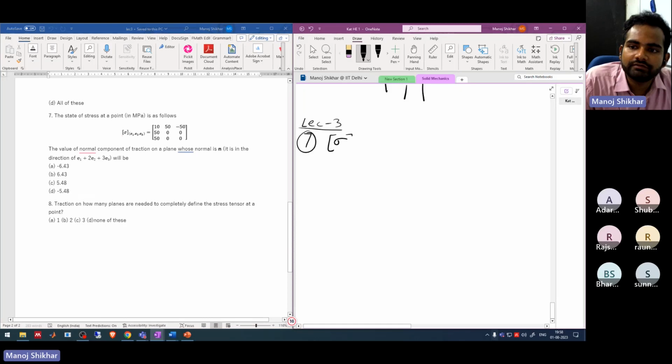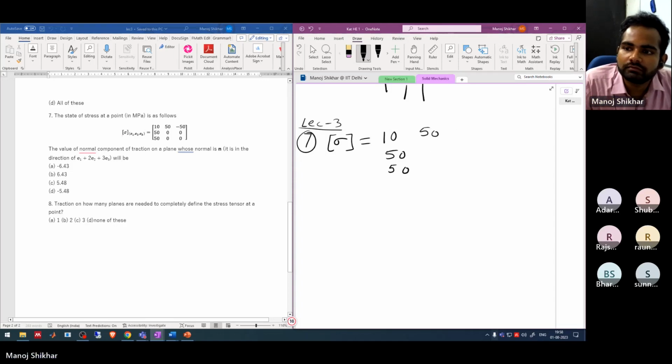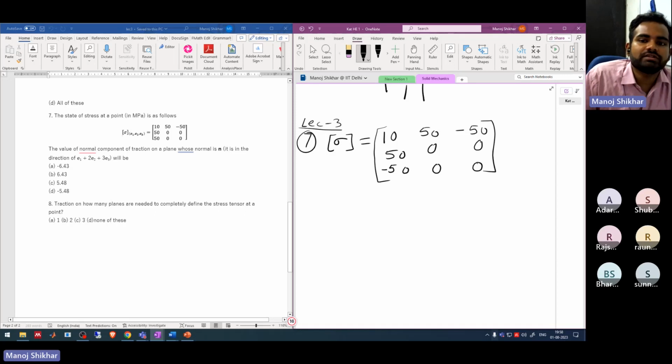We are given state of stress sigma 10, 50, 50. It should be minus 50 actually. Okay, this is state of stress given, and it is asking us to find the value of component of traction on a plane whose normal is n. Okay, we have to find the normal component of the traction.